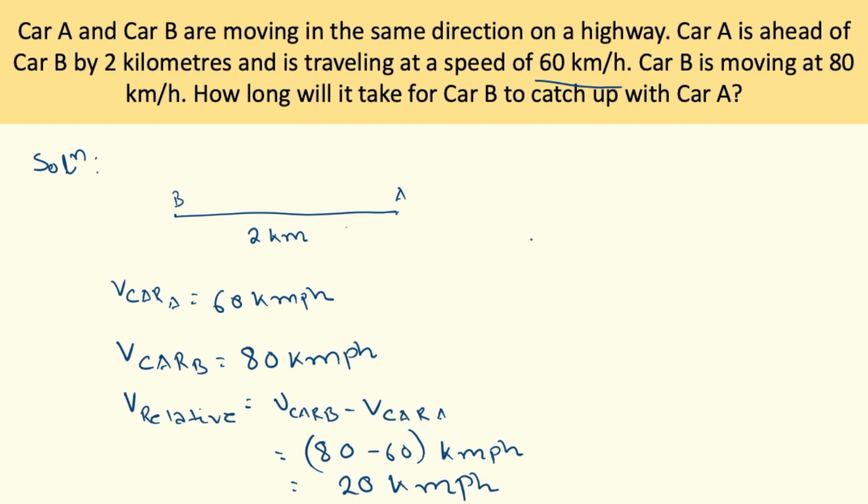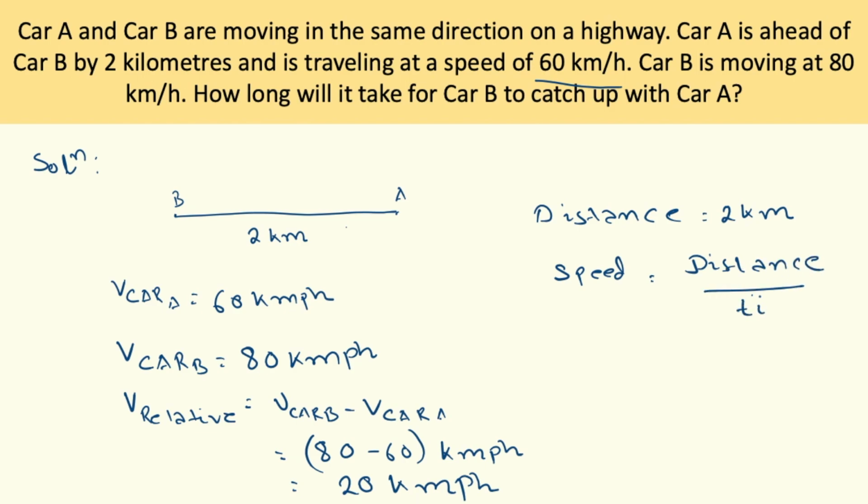Now the distance between them is 2 kilometers, and speed equals distance by time. What is asked here is the time to be found out. But the reason I have written this is that this speed here is the relative speed, which we have to use in our calculation.